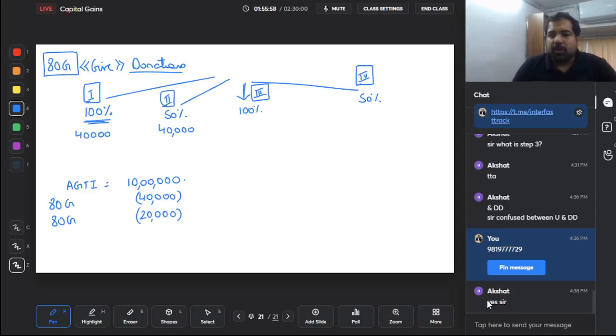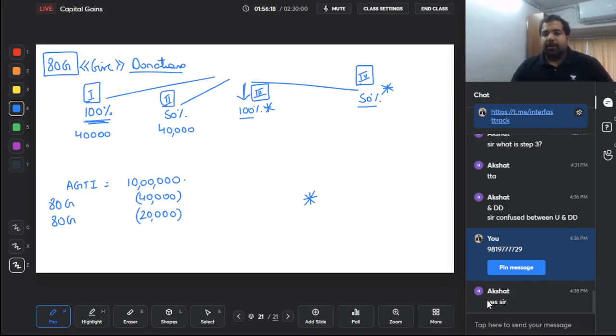Because, guys, these 2 people, you will get 100% and 50%, but subject to a limit. What is that limit, guys? Imagine it's a cake. First, you have to figure out what is the cake size.